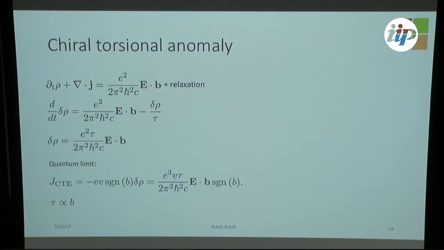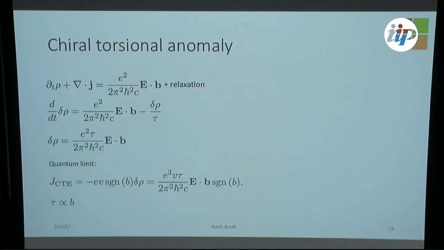We can look in more detail into the anomaly equations which come from this pseudomagnetic field. In particular, if we just have electric and pseudomagnetic field, then the master equation will look like the first line here, with a relaxation term added for us to create a stationary solution.